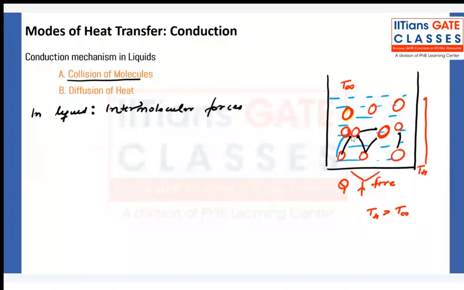Now this is at higher temperature, this one is at lower temperature, so heat transfer will happen, and this is called diffusion of heat.